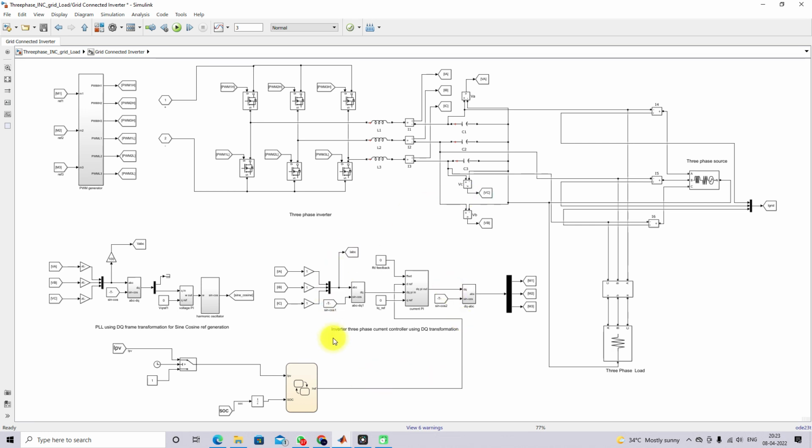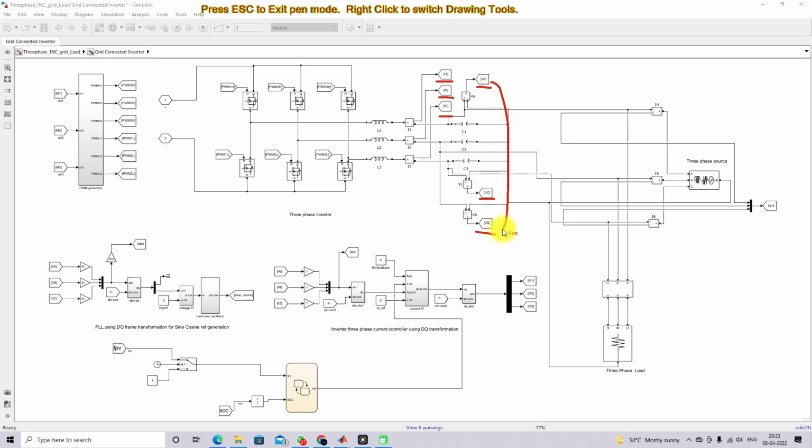Okay, and this 3-phase inverter is going to be controlled by means of a current control algorithm. In order to apply the current control algorithm, here we are using the ABC to dq transformation. For that we are going to measure the voltage across the capacitor, and also the current through the inductor. The voltage across the capacitor is used for generating the sine and cosine wave.